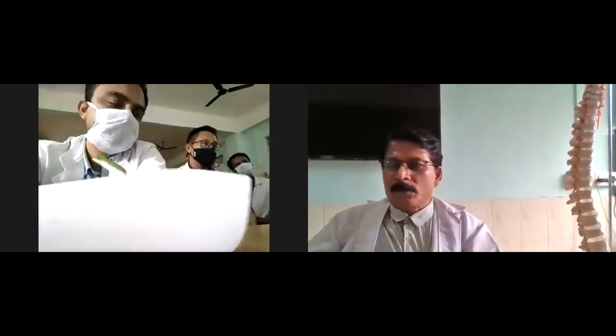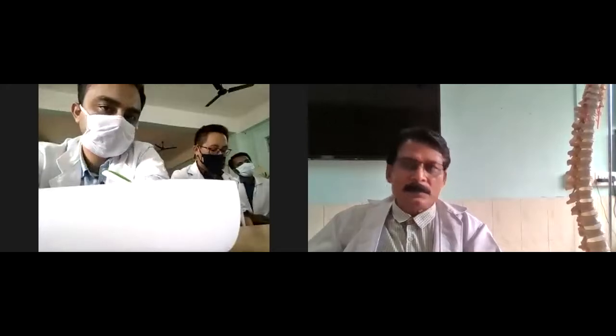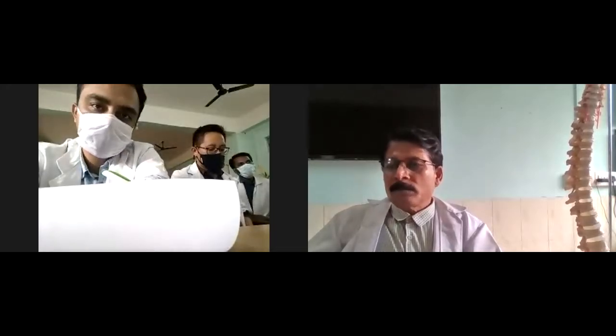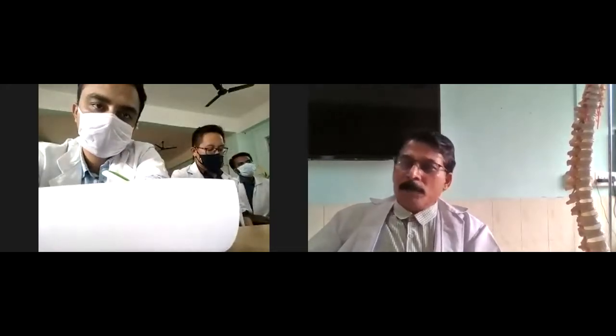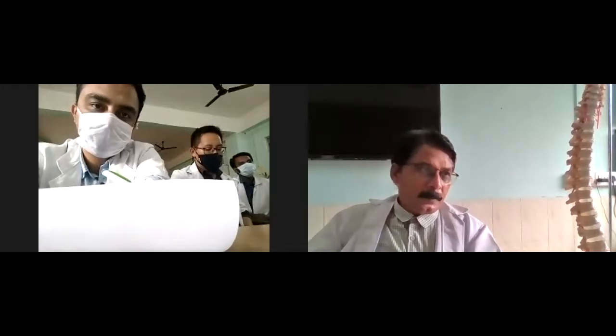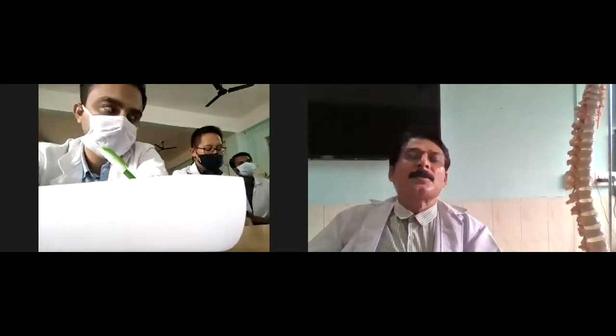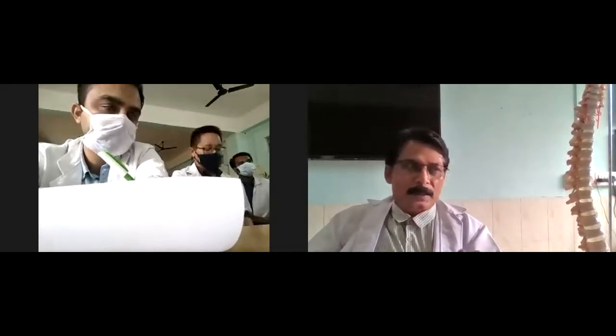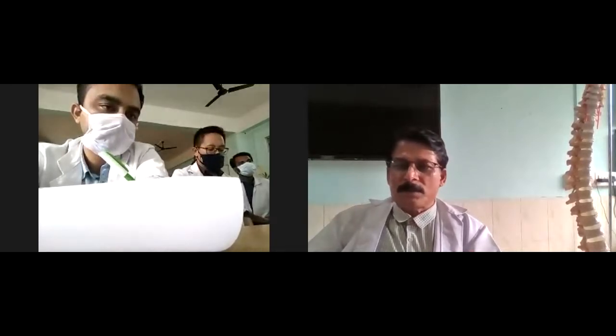Deformities like scoliosis and kyphosis are mostly developmental. In the elderly you mostly get a degenerative kyphosis. In childhood and development you get the various deformities, scoliosis and kyphosis.